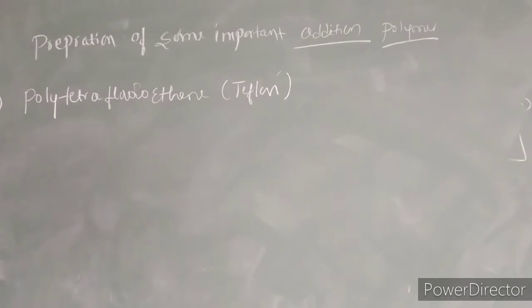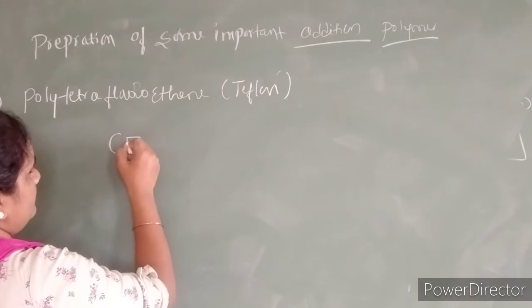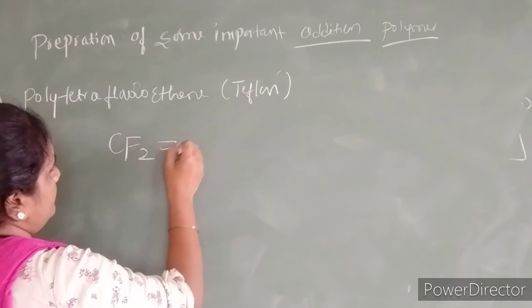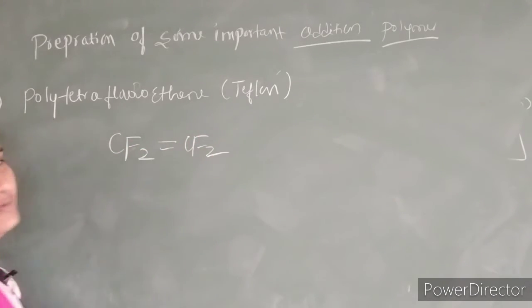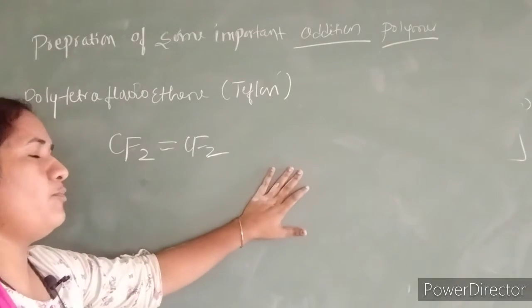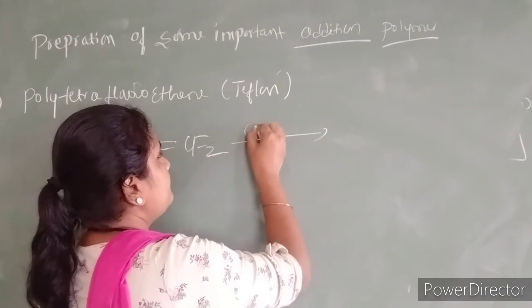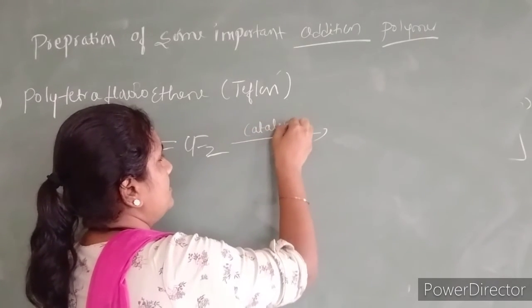As the name suggests, the starting material, or the monomer, is CF2. Whenever n number of these tetrafluoroethene molecules are added to each other, they will form a polymer. Here also we require a catalyst.